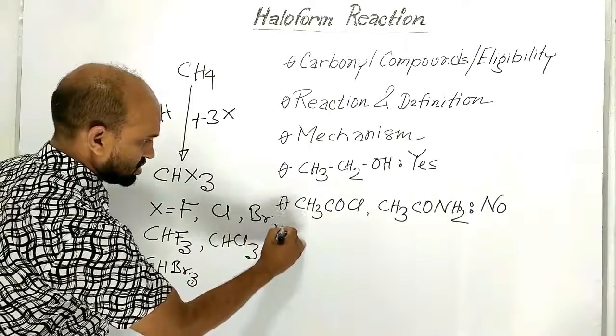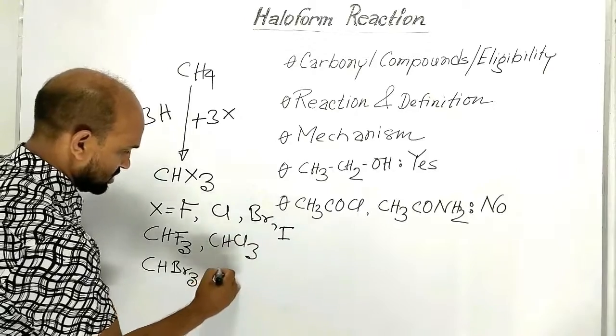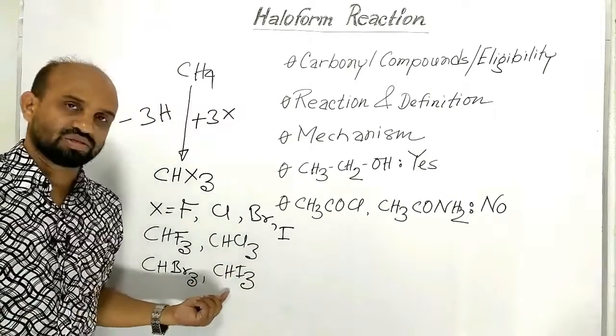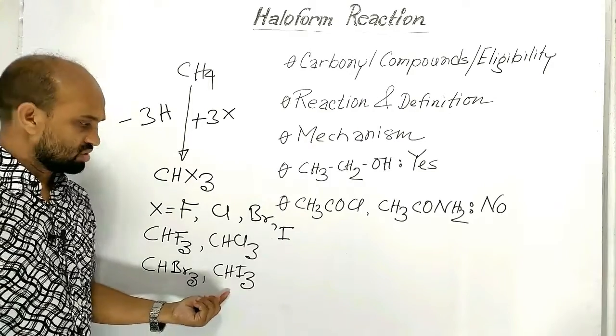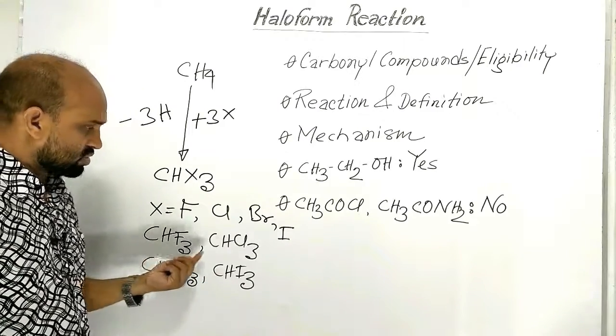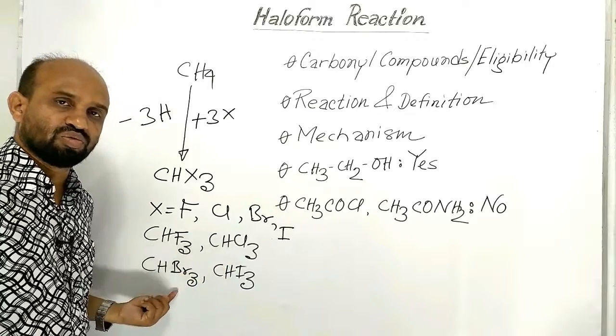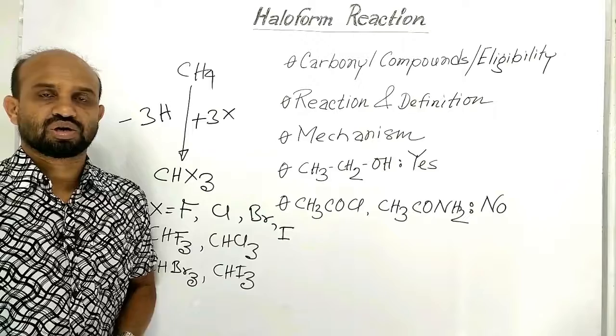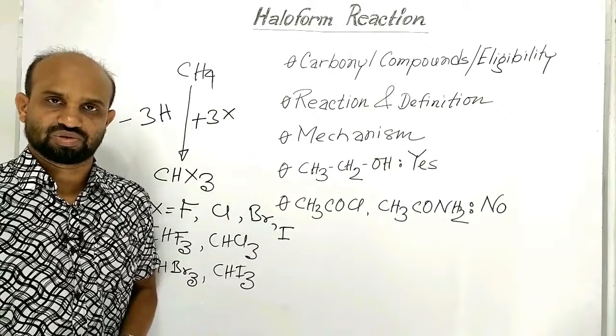If it is iodine, then CHI3, which is iodoform. So fluoroform, chloroform, bromoform and iodoform. These compounds are known as haloforms.